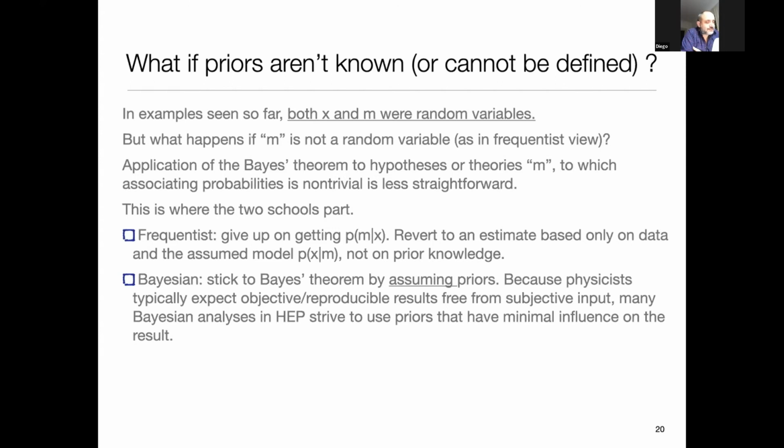So suppose that M, the parameter you're trying to determine, is the value of a physical constant, say the speed of light or the Higgs mass or whatever. Philosophically, some of us may be in difficulty in thinking that a physical constant has a probability distribution.